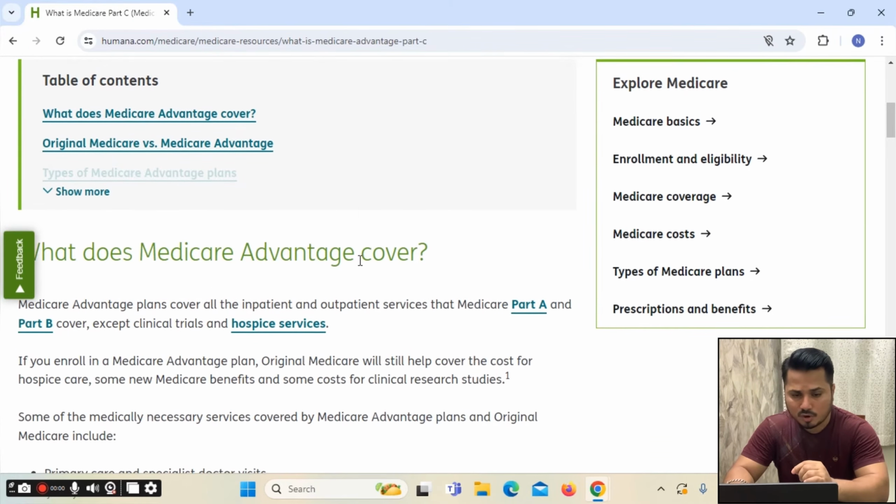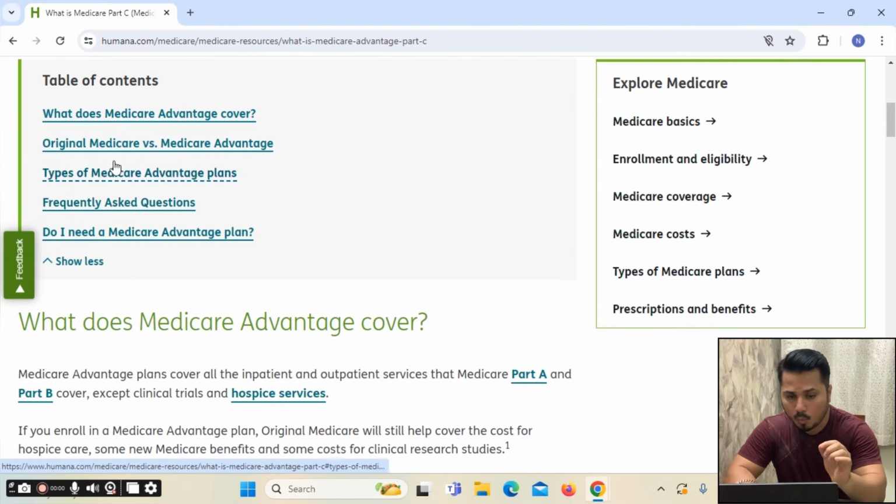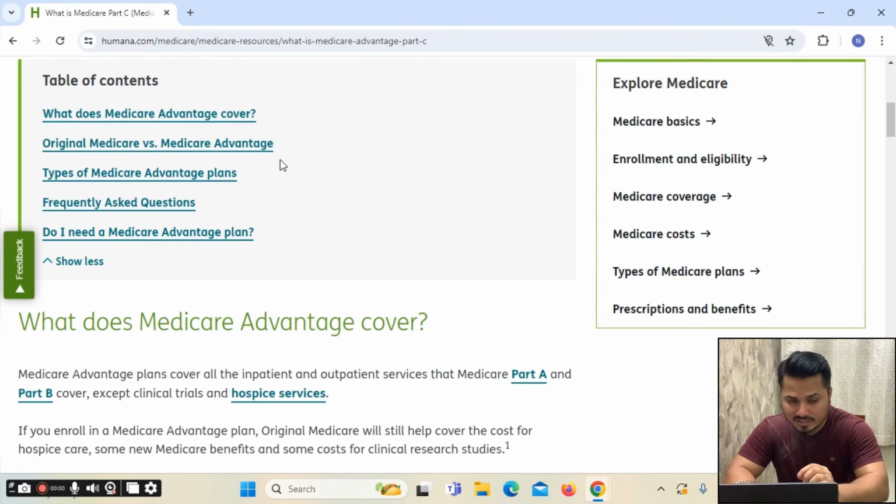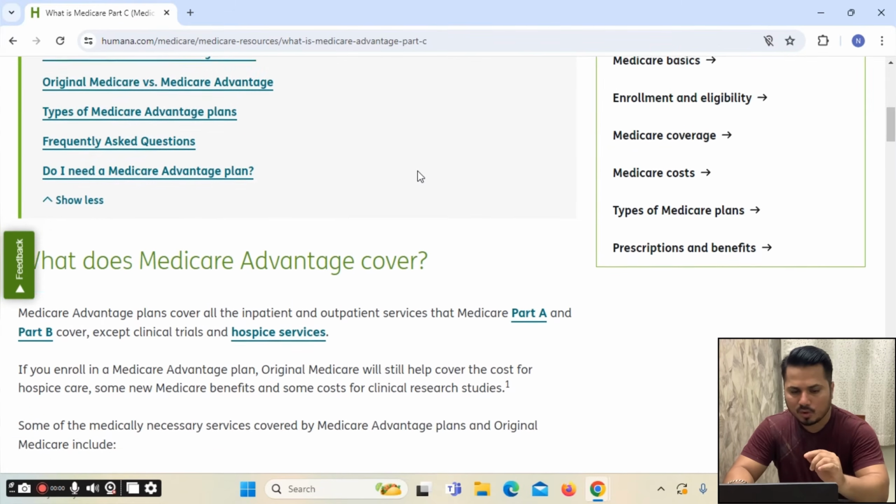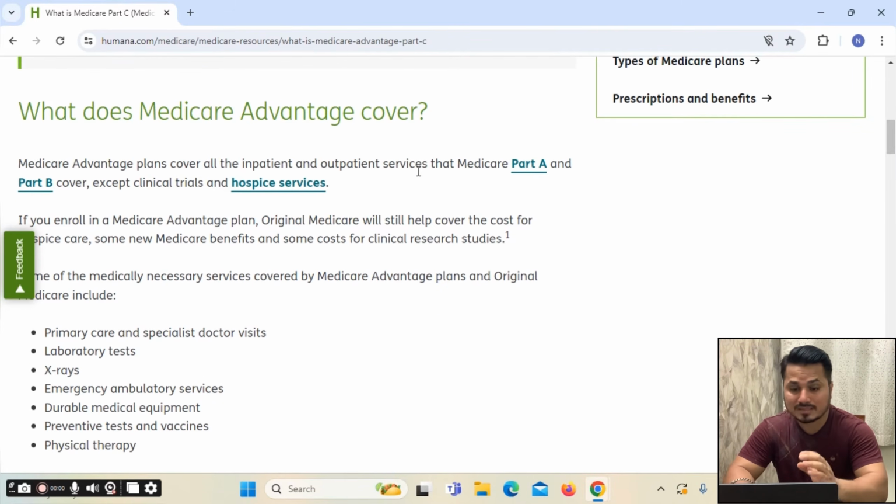Now let's scroll down. Here you can see the table of contents: what does Medicare Advantage cover, original Medicare versus Medicare Advantage, types of Medicare Advantage plans, frequently asked questions, do I need a Medicare Advantage plan? So now we will understand this one by one. The first point, what does Medicare Advantage cover?